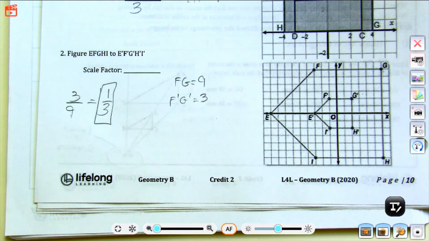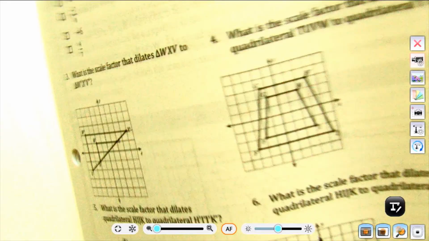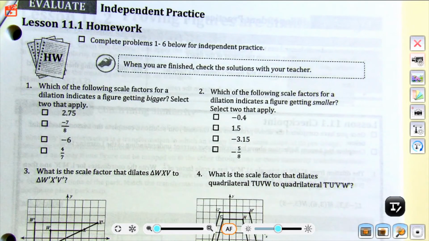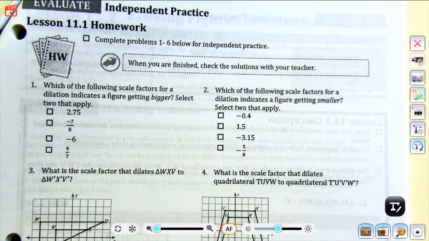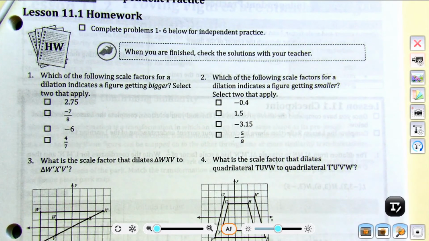Okay, so that pretty much completes lesson 11.1. So let's look at some of these homework problems. For problem number 1 and 2, you're just looking to see which scale factor would give you a bigger image. So I think you guys could do that one.